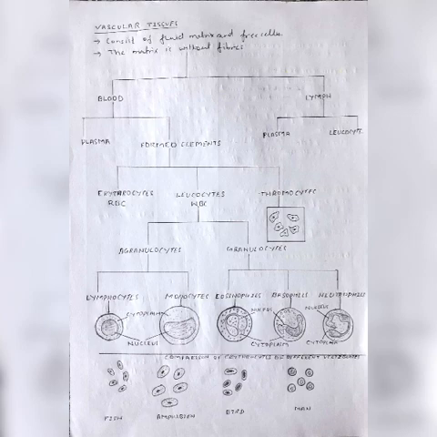In the previous section, I taught you about cartilage and bones. Now we will cover vascular tissue. The next topic is vascular tissue, also known as fluid connective tissue.